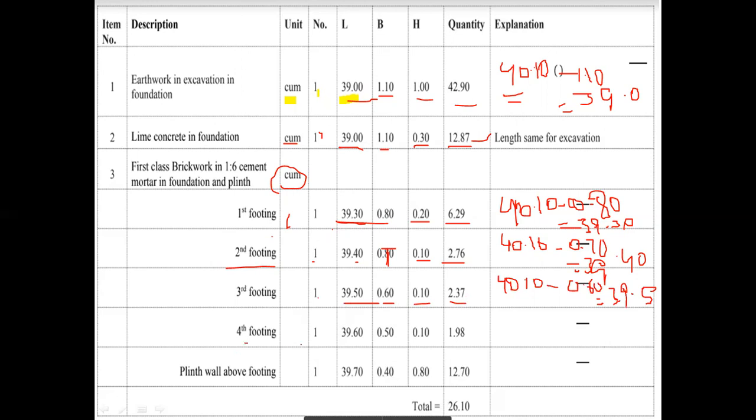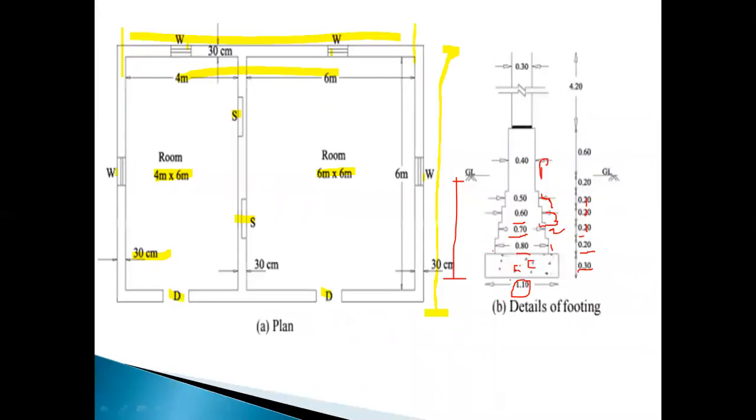And fourth footing is, similarly, 40.10 minus 0.50, breadth of the fourth footing, that equals 39.60. Breadth is 0.50, height is 0.10.